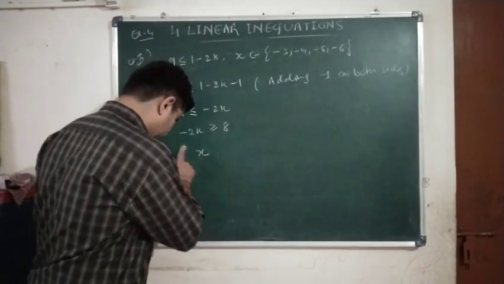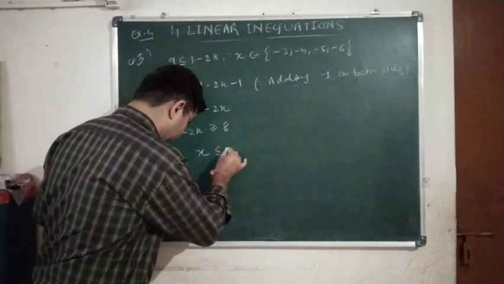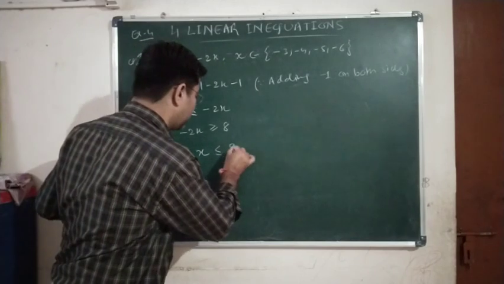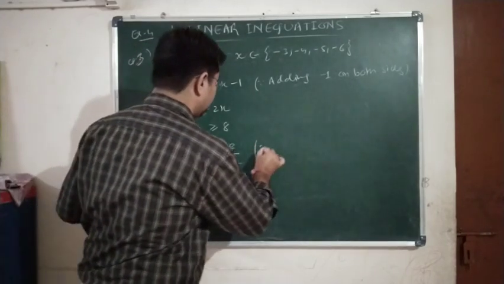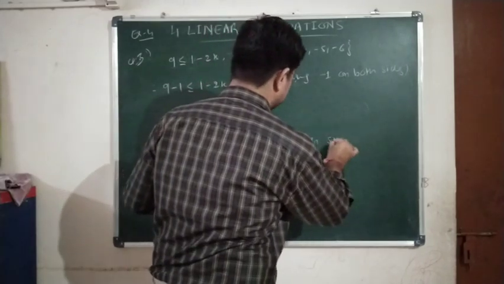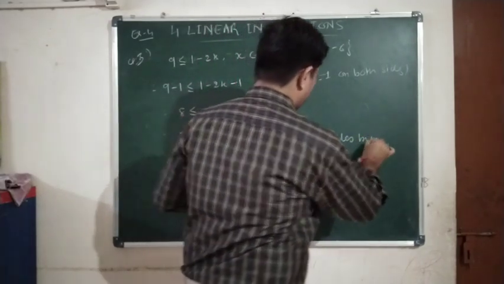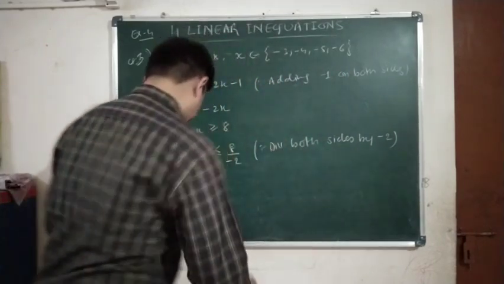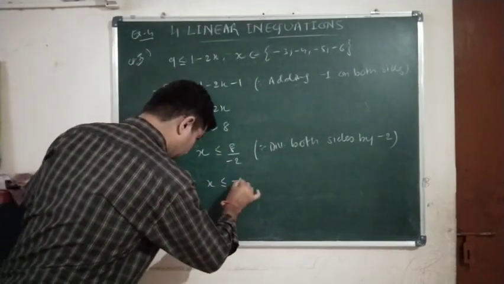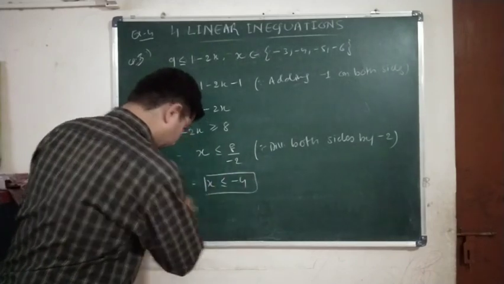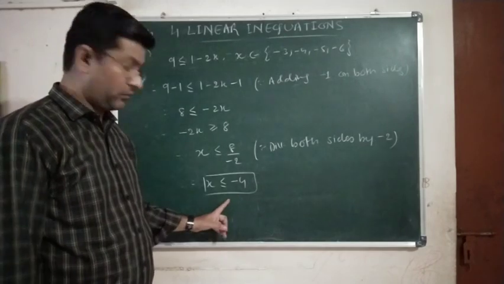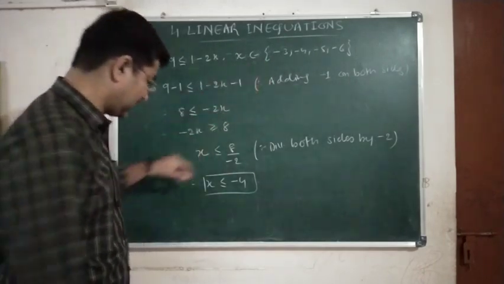Okay, so when divided by minus 2, inequality changes from greater than or equal to, to less than or equal to, since dividing both sides by minus 2. Therefore x is less than or equal to minus 4. Clear?